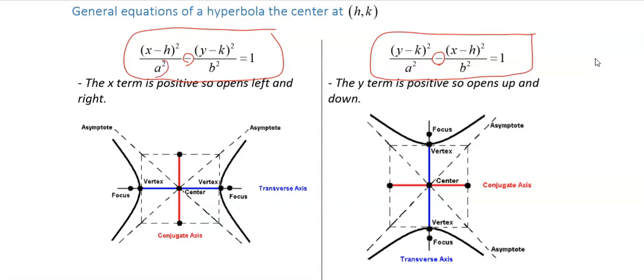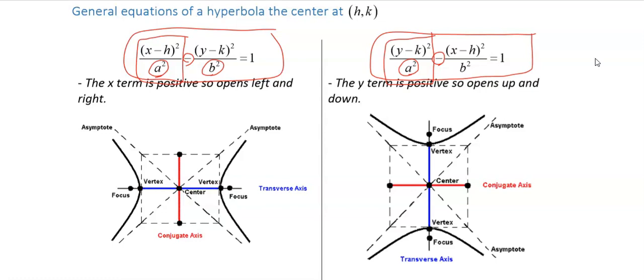Now, you notice you have a squared and b squared again. It turns out that for a hyperbola, a squared is not necessarily the larger of the two numbers this time. So that's something you have to get in your head, something that's a little bit different. In this case, a squared is always under the positive term. Do you notice that? Look over in this equation to the right. There's your a squared. Notice that it's under the positive term, not the negative term.